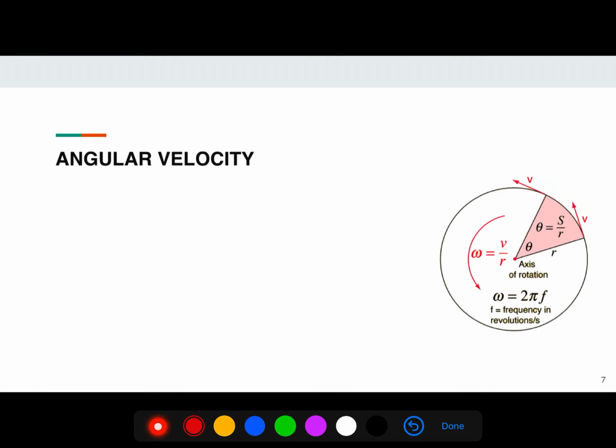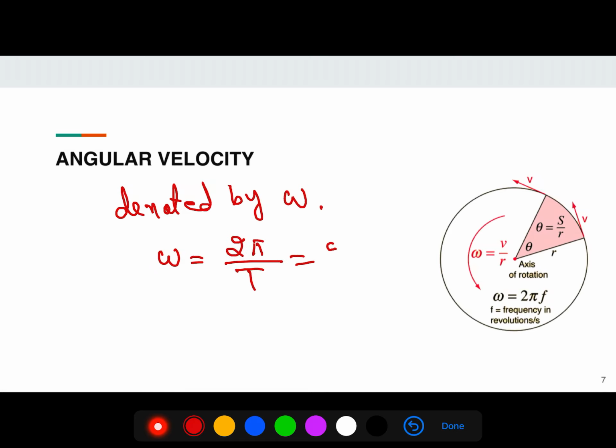It is denoted by omega, and omega is equal to 2 pi by time period, or it is 2 pi nu, where nu is frequency.